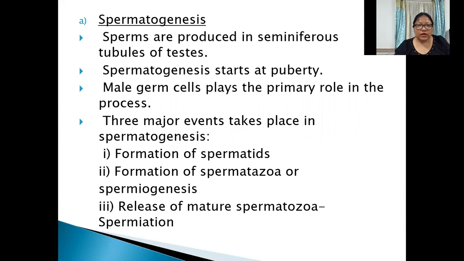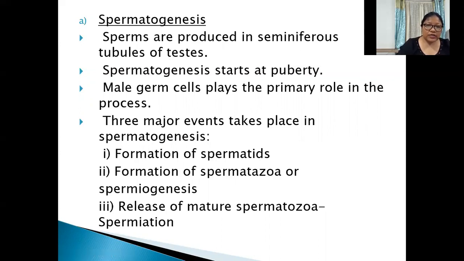Spermatogenesis, I have already told you, is the formation of sperms, and it is formed in the seminiferous tubules of testes. And when does spermatogenesis start? It starts at puberty. That means it is not that sperms are produced inside the testes of a male since he is born.